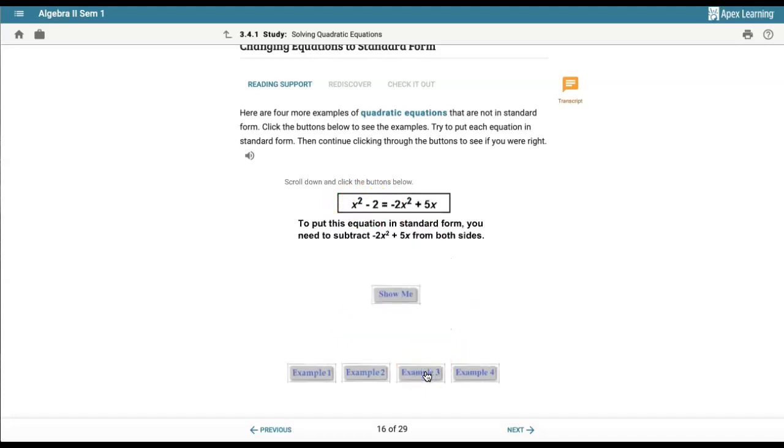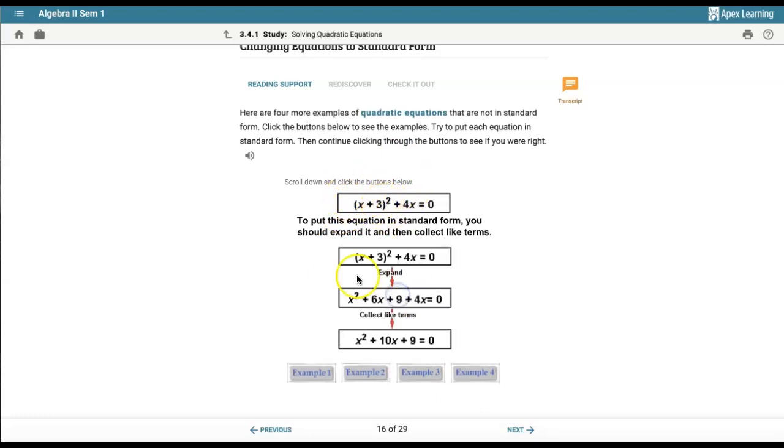For this one, you need to subtract negative 2x squared plus 5x from both sides, so that would be what that looks like. And then for this final one, you've got x plus 3 squared plus 4x. So you're going to distribute out and multiply, expand that, collect your like terms, and then you should end up with this final product, looking in that ax squared plus bx plus c format.